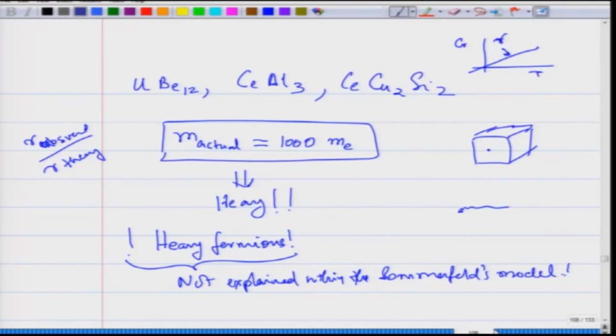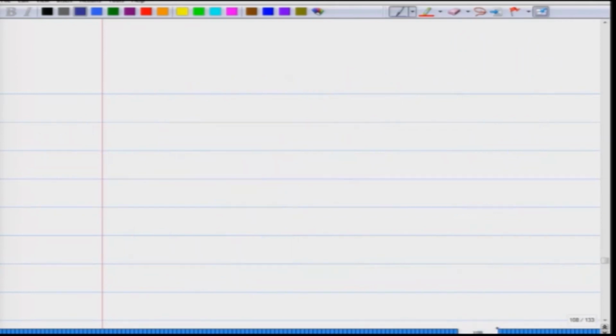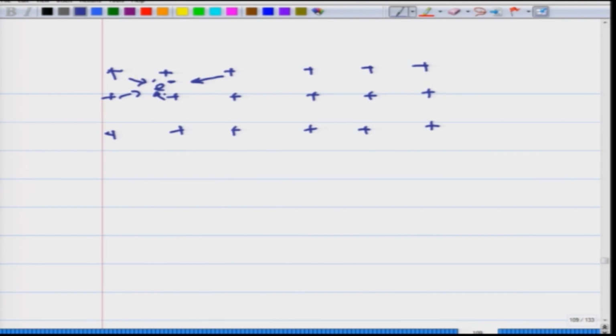We have not considered that the electron is moving in a lattice of ions, and as a result we have not considered that when the electron is moving, it is interacting with the ions inside the solid. The electron is moving through a periodic potential which is created by these ions, but we have neglected all of that.